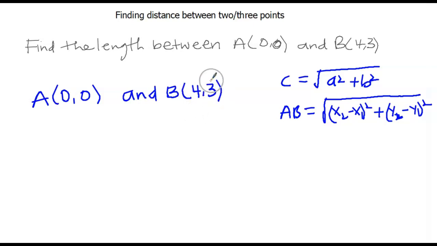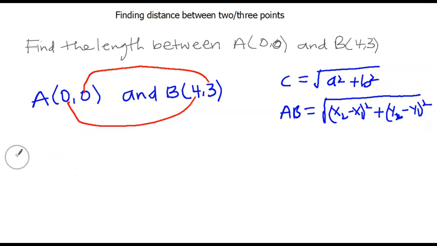All that we are saying is that we are just connecting the y's to the y's and the x's to the x's. A is at the origin, so that makes it really easy.